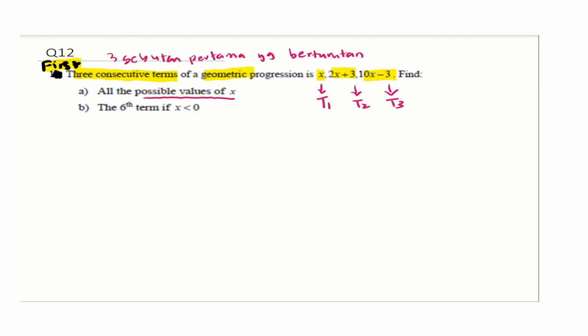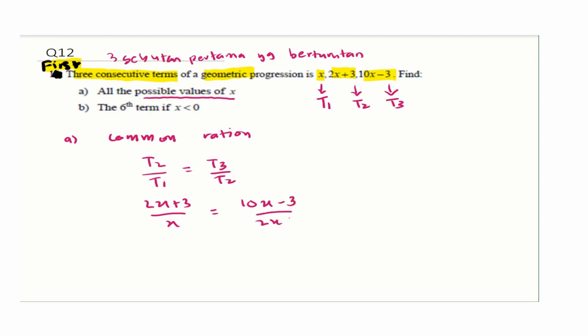So we have T1, T2, T3, and they are in terms of x. Since this is geometric, we can use the idea of common ratio. Common ratio means T2 divided by T1 is equal to T3 divided by T2. So we substitute: 2x plus 3 divided by x equals 10x minus 3 over 2x plus 3.